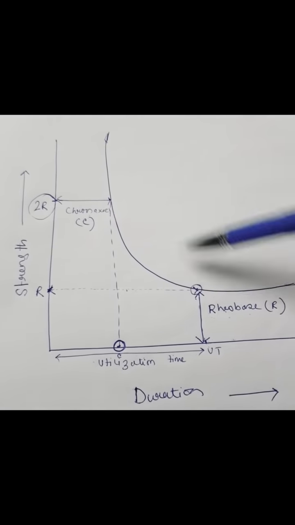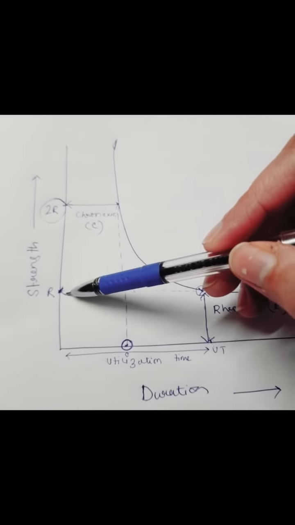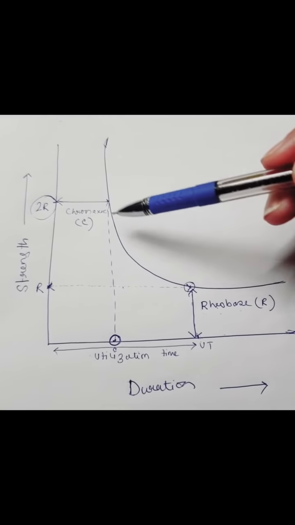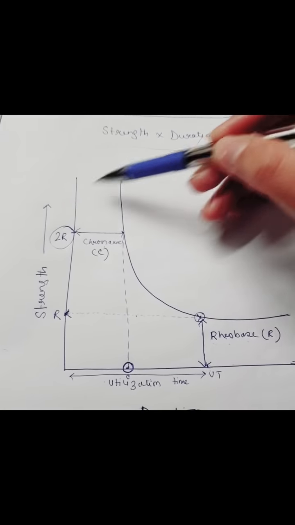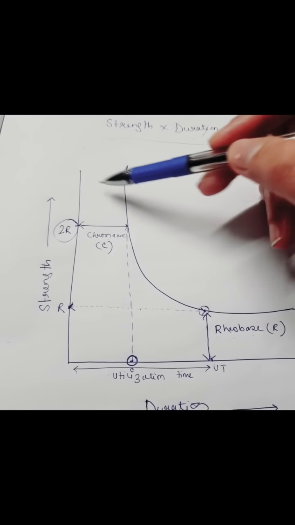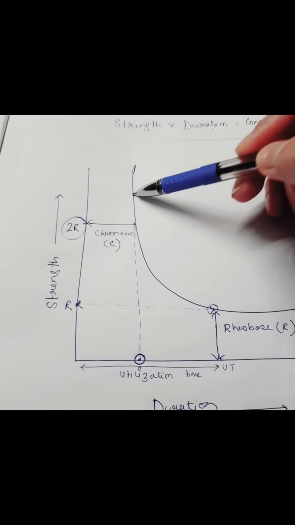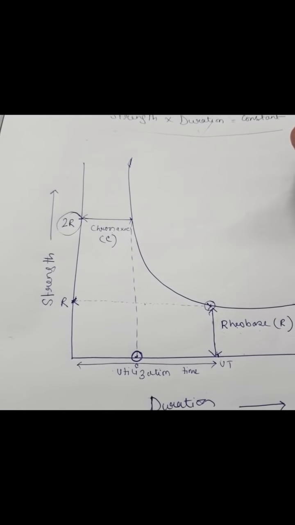From here we can see that the more the strength, the lesser the time required to elicit a response. But since these are parallel, a minimum amount of strength and a minimum time will be required to elicit a response, no matter how much you increase the strength.